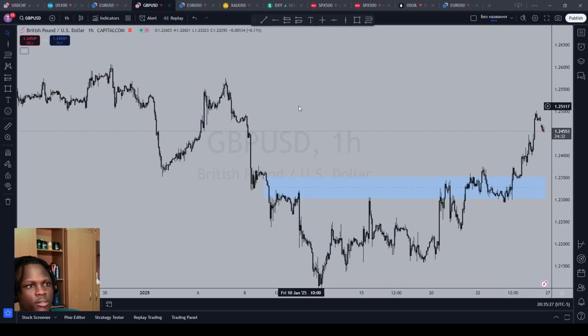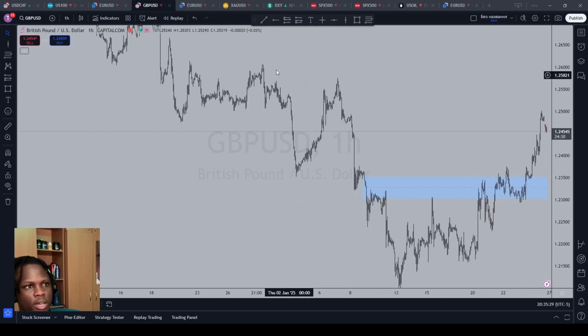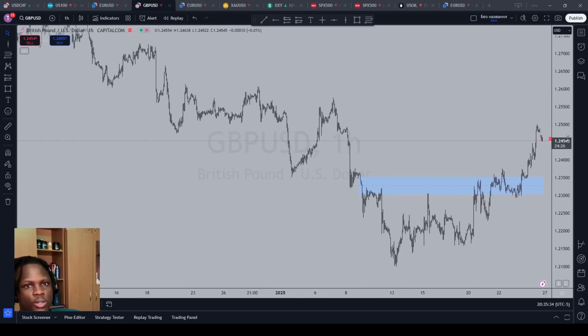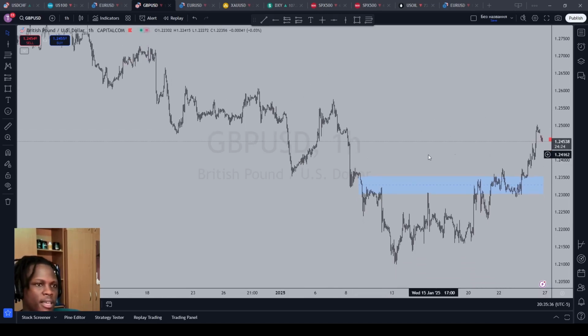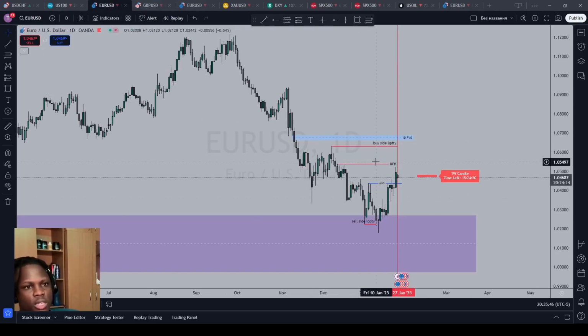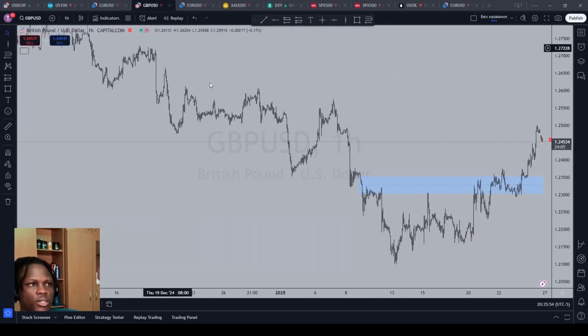Someone could have entered here, traded above these relative highs. Now what's coming? These are also other relative equal highs. So though the market didn't offer us a shift in market structure on the higher time frame, I'm still expecting it to behave as the Euro USD. I said on the Euro USD, targeting these relative equal highs and this buy side liquidity before it does whatever it wants to do in the future.